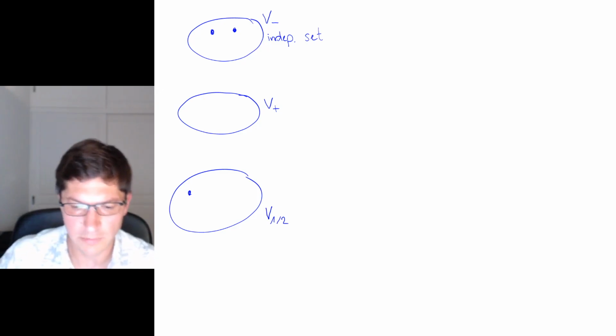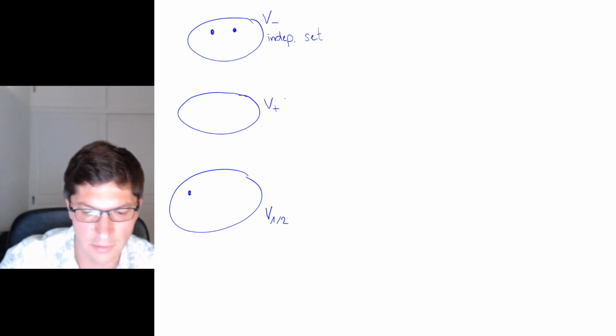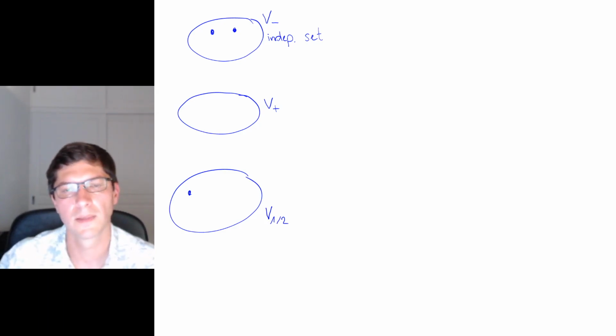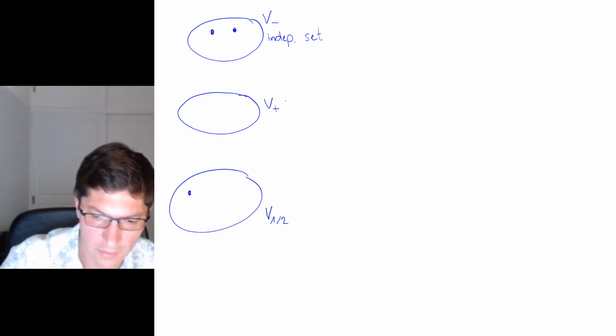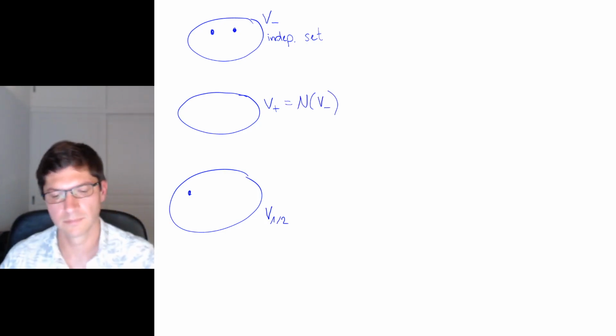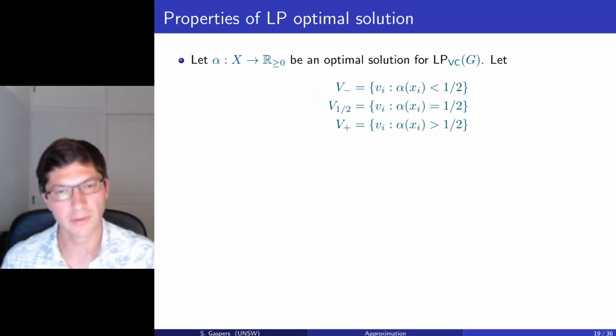Which means that all the neighbors of V minus must be in V plus. So V plus is the neighborhood of V minus. So that's two simple properties we can already observe.